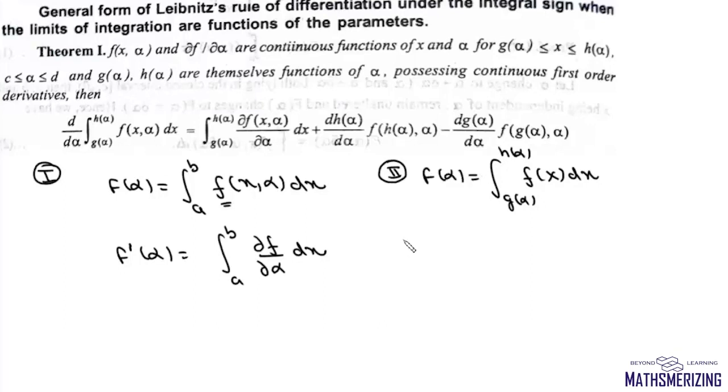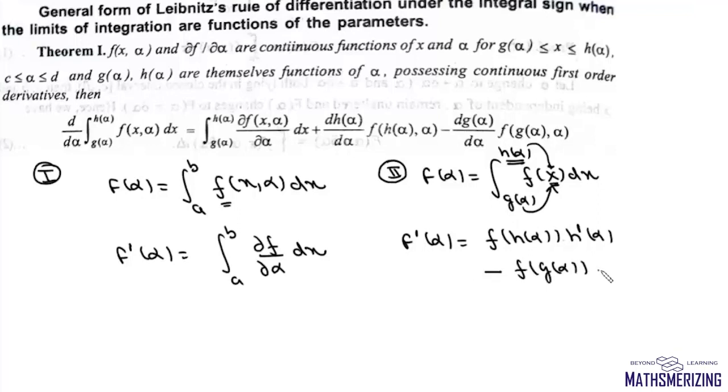Now if we differentiate this function, we can write f dash alpha, and it will be equal to, in place of x, we'll write the upper limit. So it'll be f of h alpha into the derivative of the upper limit, h dash alpha, and then minus, now we'll put the lower limit. So it'll be f of g alpha into g dash alpha.